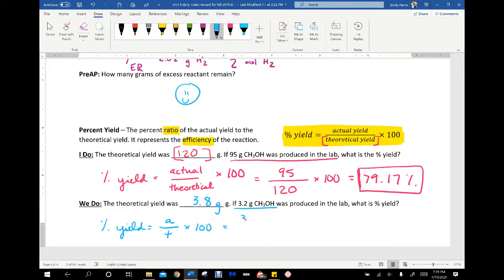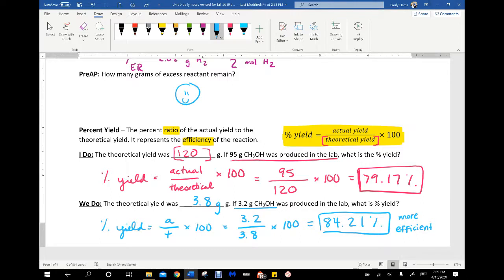So actual yield 3.2 divided by theoretical yield 3.8 times 100, and that gets us 84.21%. Okay, and so out of the two reactions, the second one was more efficient because it had a better percent yield.